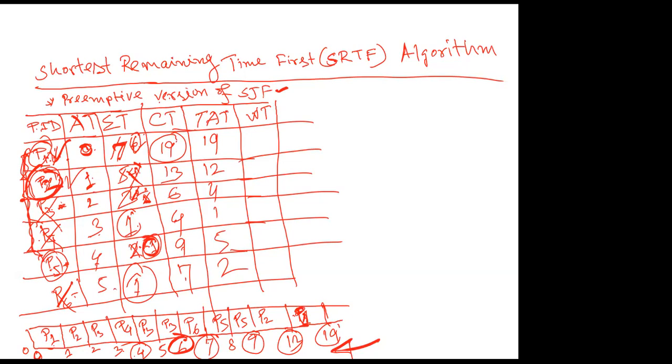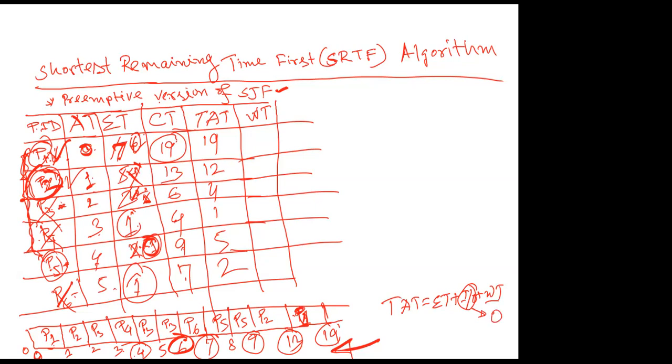Let's see what the waiting time is. TAT is nothing but execution time ET plus IO time plus waiting time WT. Let's assume no process goes to IO, so IO time is 0.